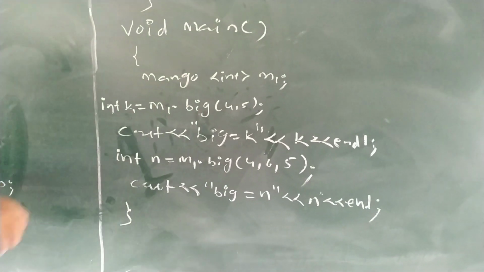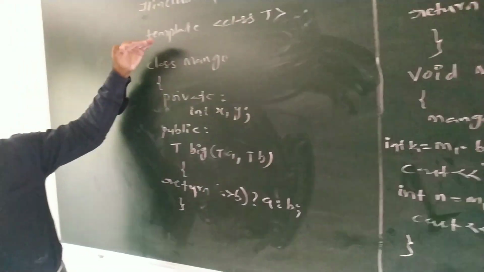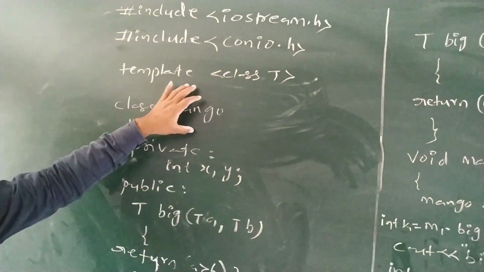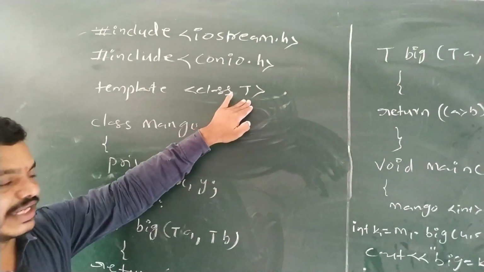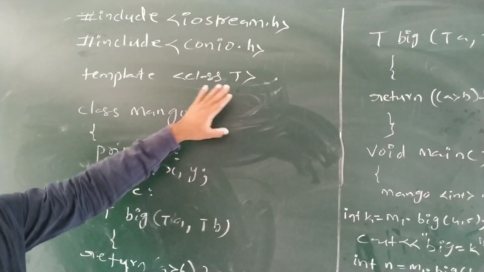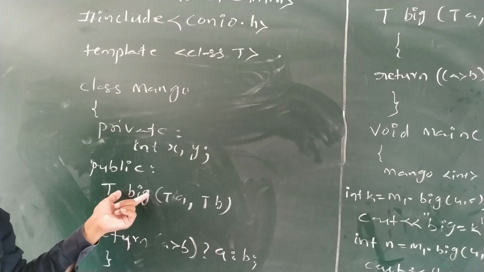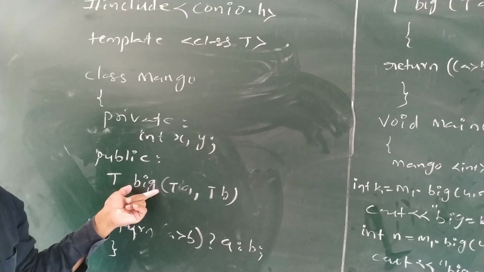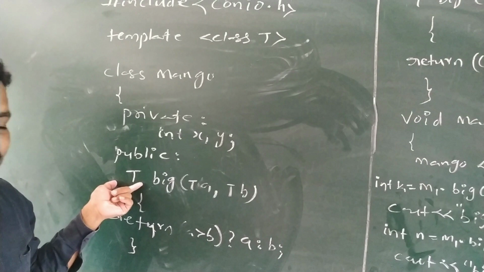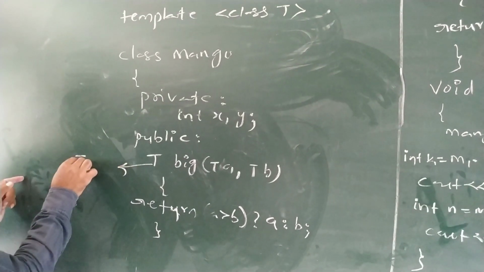So what happened here? Come here: template class T, class mango. Here the template variable is declared, the template type. Private integer x, y, public. Here big is the method with the template type. This is the template variable.